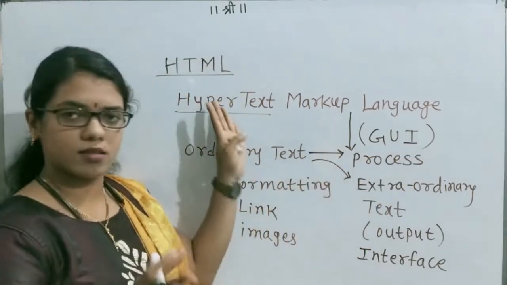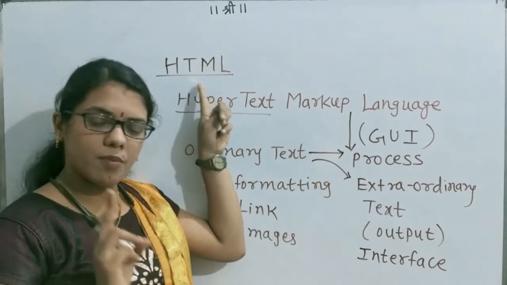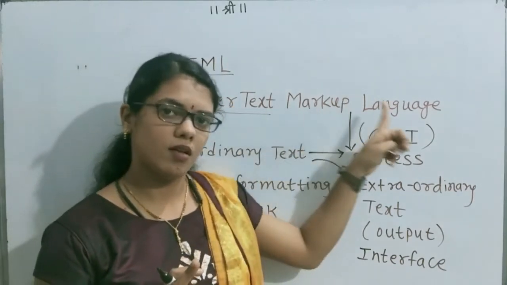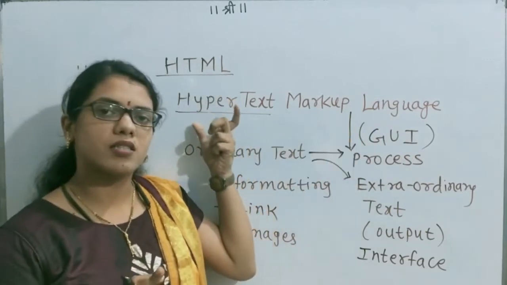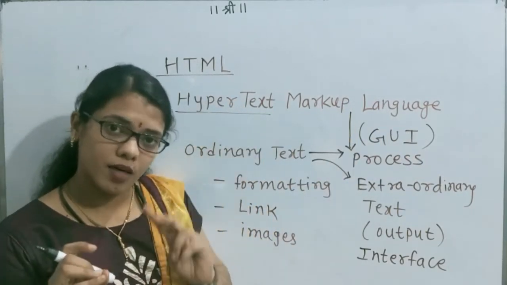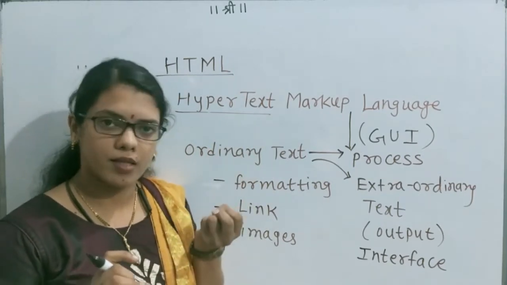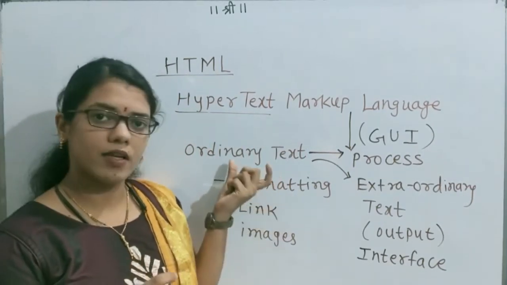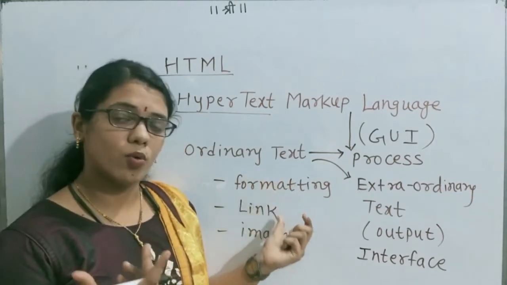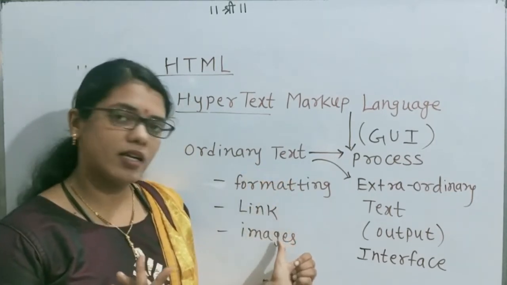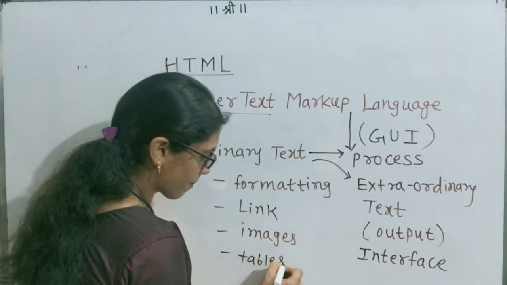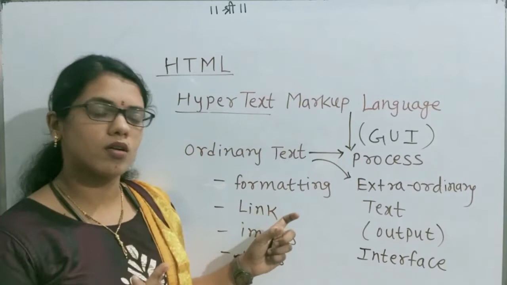Let us listen again. HTML stands for Hypertext Markup Language. Hypertext means what? Simple text, ordinary text, but that text has the capacity of formatting, to provide a link, to provide images, to provide tables, and many more concepts.